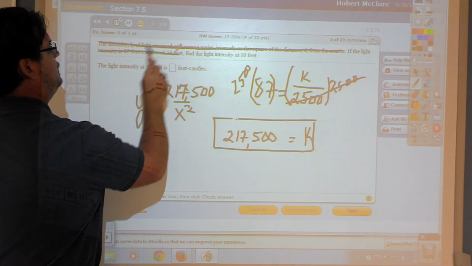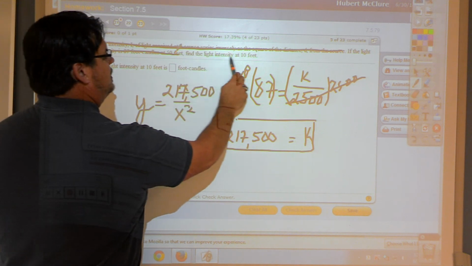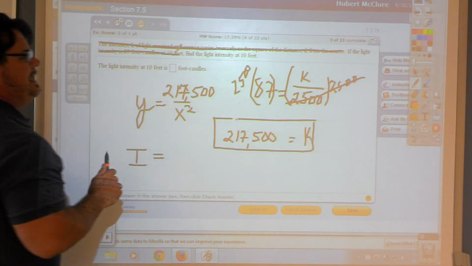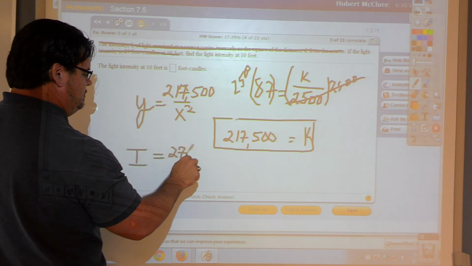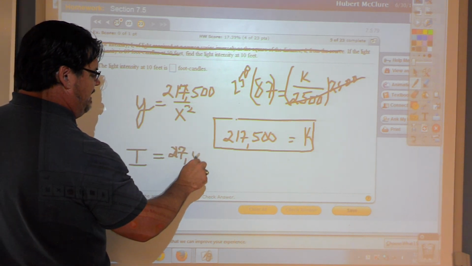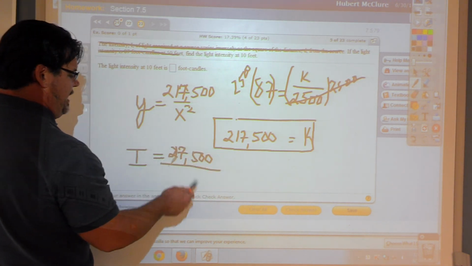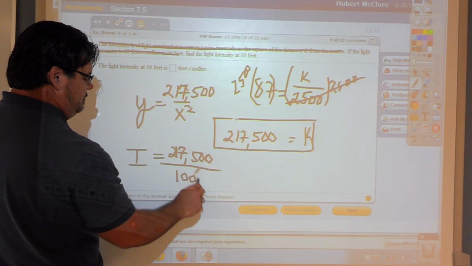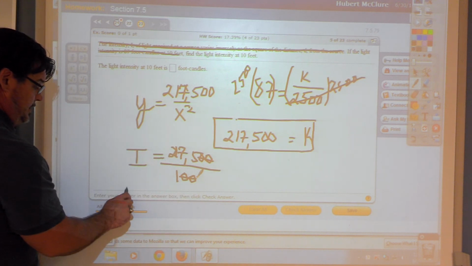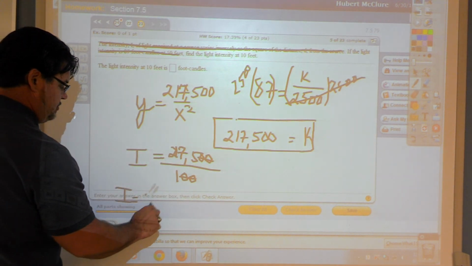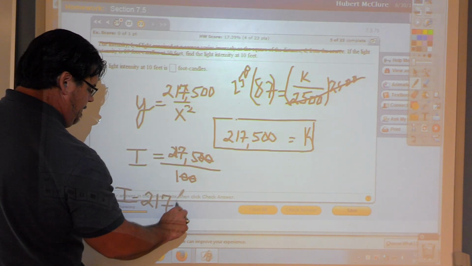And what do they say? Find the light intensity at 10 feet. So that'd be 217,500 divided by 100, or 10 squared. And what does that give you? 2,175.